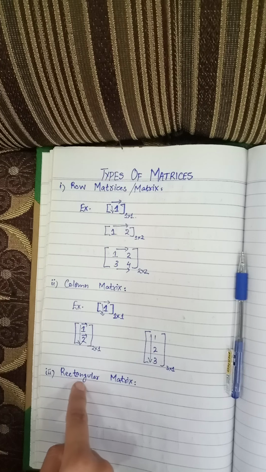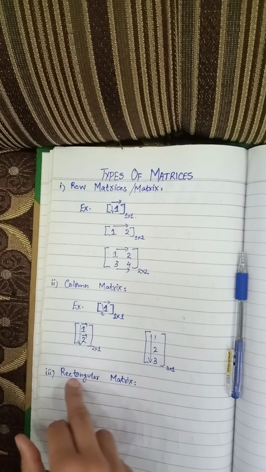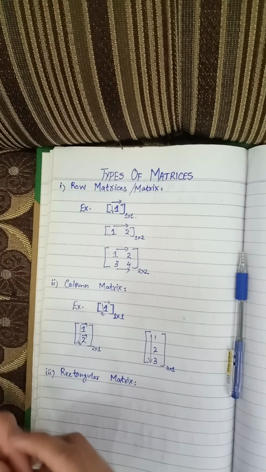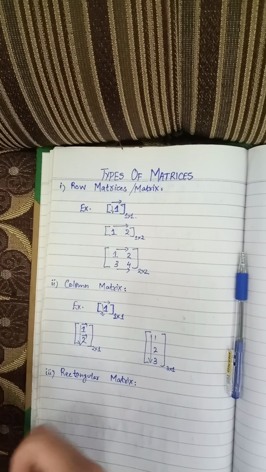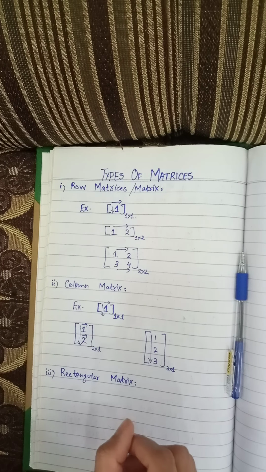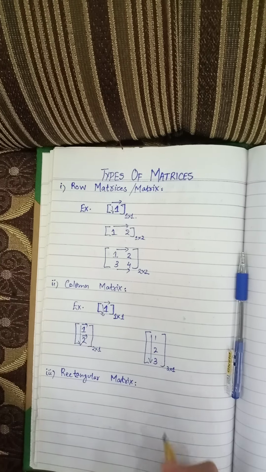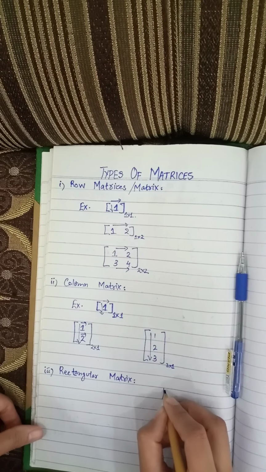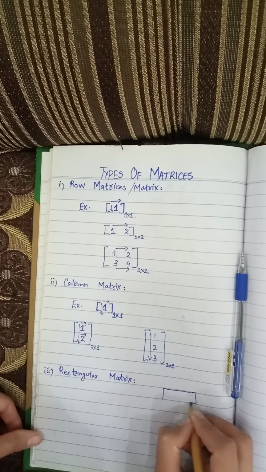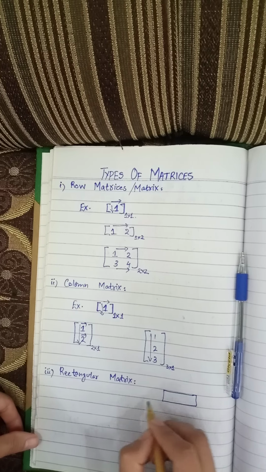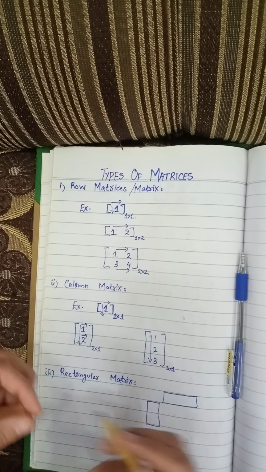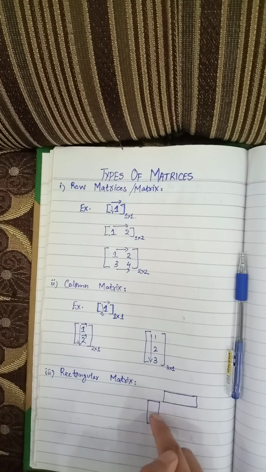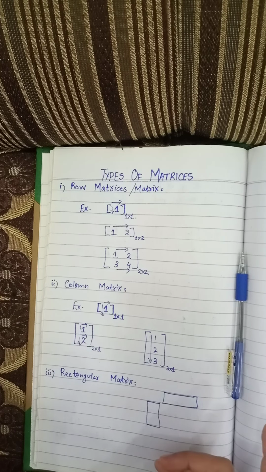Then you will imagine the picture of a rectangle in your mind. Then it would not be forgotten and would be kept for a very long time in your mind. As we know that a rectangle is always like this or this. So the type of matrices whose shape is like this or this is a rectangular matrix.